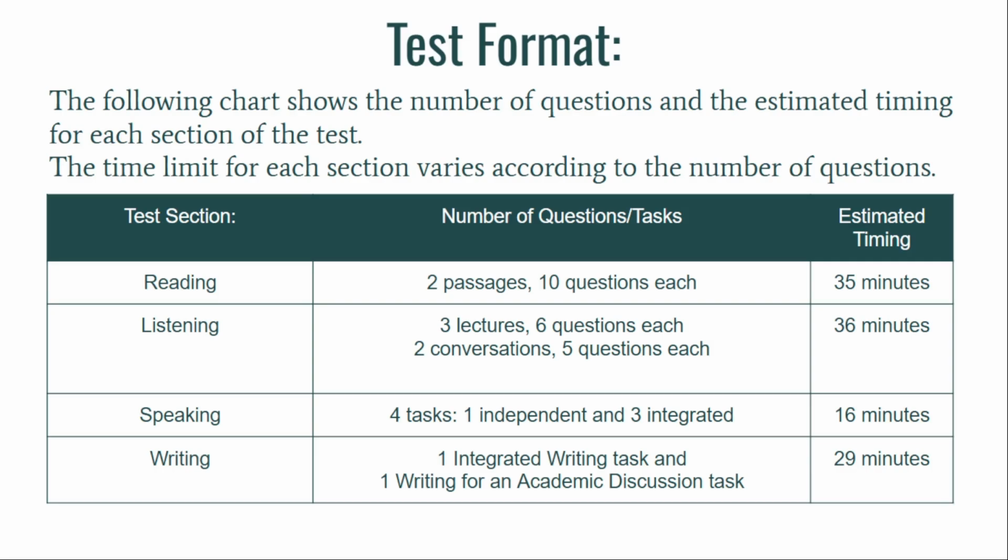Now, what to expect? What kind of conversations will they be? They will be informal dialogues between students and professors, or they might be conversations with people on the campus. Then lectures would be formal discussions about academic topics.